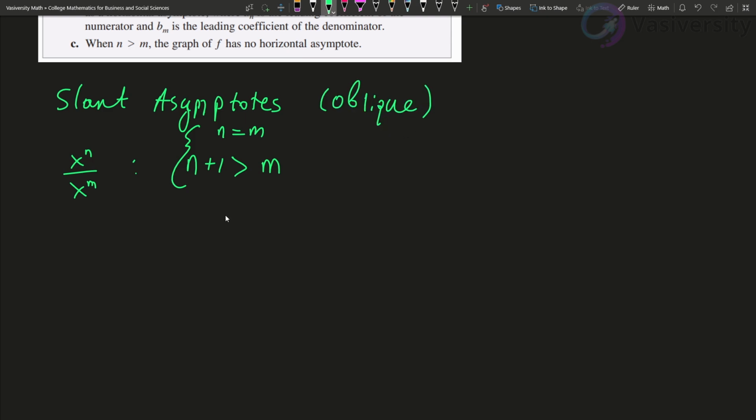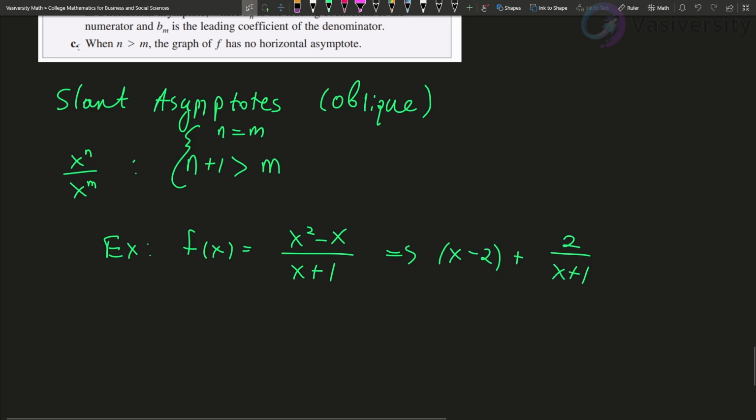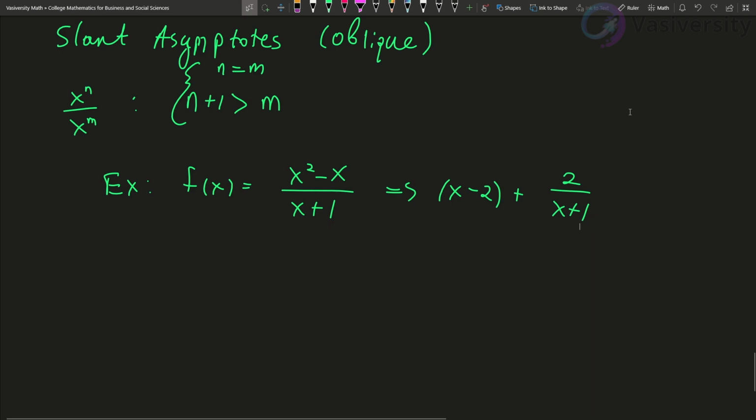So let's take a look at an example. If f of x is equal to x squared minus x divided by x plus 1, and we do the synthetic division, we end up with x minus 2 plus 2 over x plus 1. How is this graph going to look? Let's take a look.